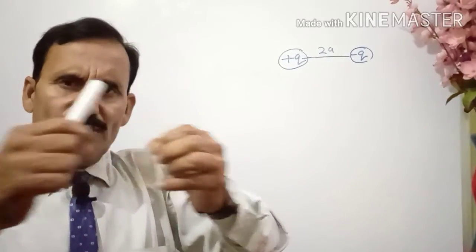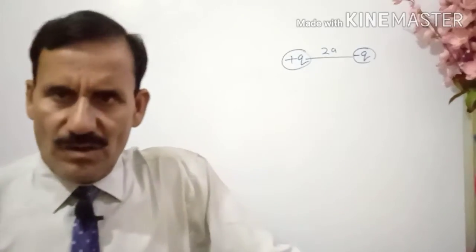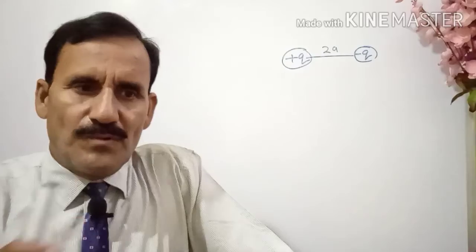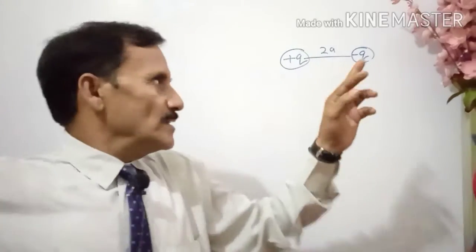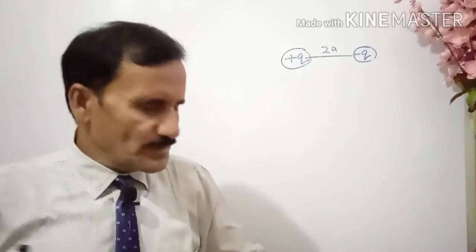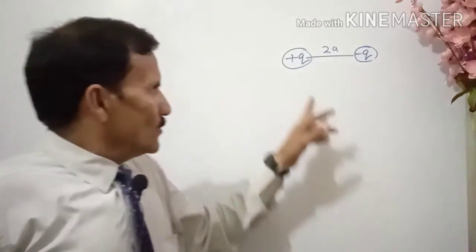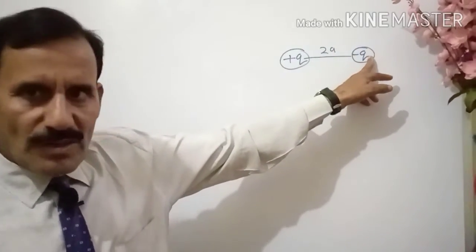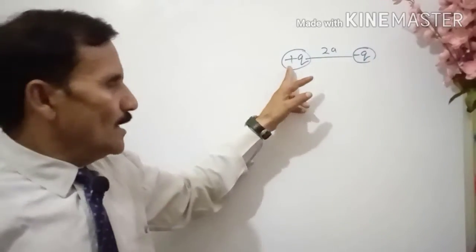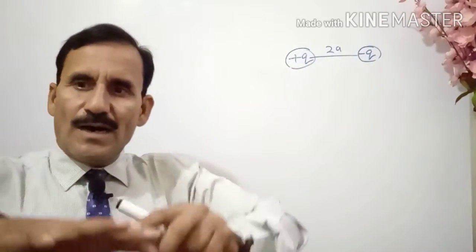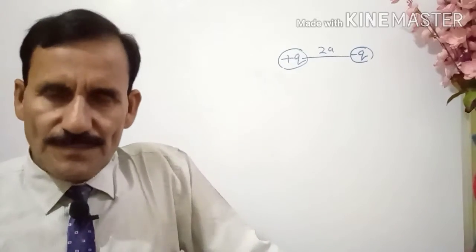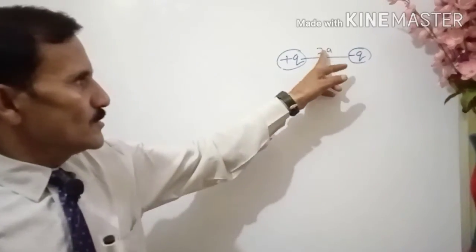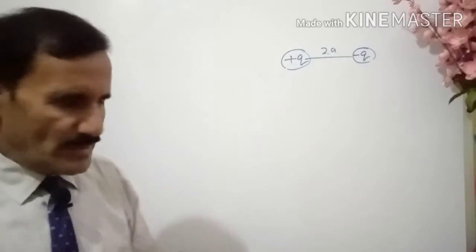It happens that there is no net electric field only when the distance is very large. That's why when we were defining the electric dipole, we took the distance 2a to be very, very small. Because of this charge there is an electric field, and because of this one also there is an electric field, and both give the net electric field. And it cancels out only when this 2a is very, very large.